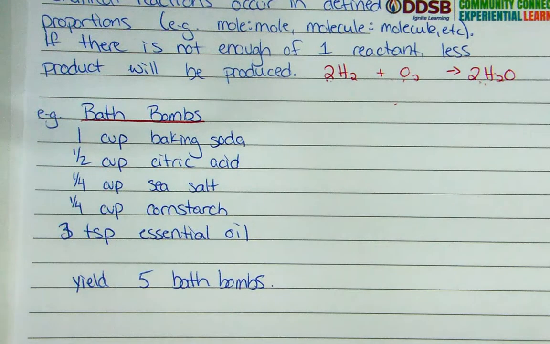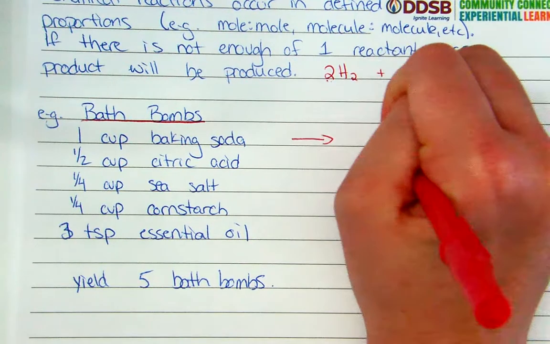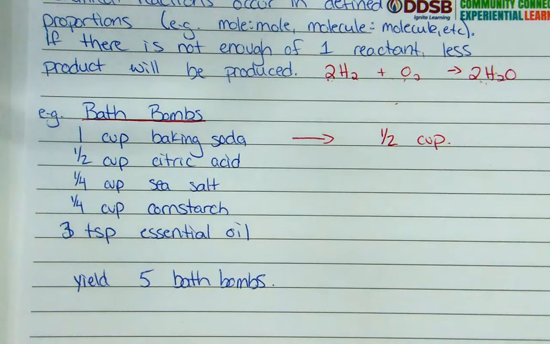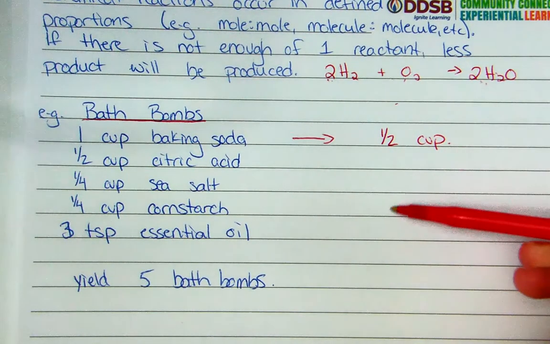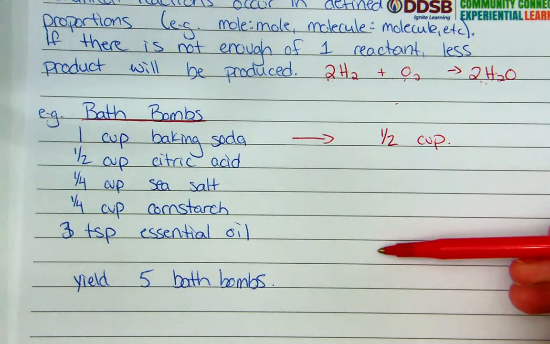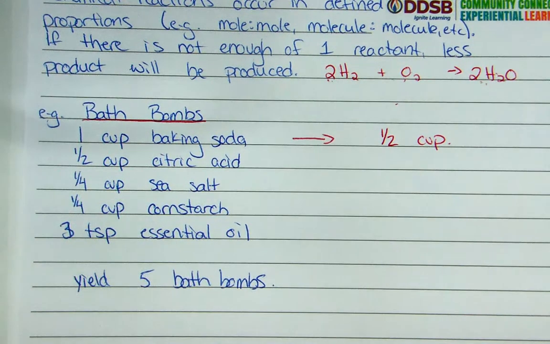But we all know that we are running out of supplies, and it's not just pop to the grocery store. So maybe one day I'm working, but I only have a ½ cup of baking soda left. So that's going to adjust the rest of the amounts that are used of the other ingredients, right? If this is decreased by 50%, well, so will the citric acid.